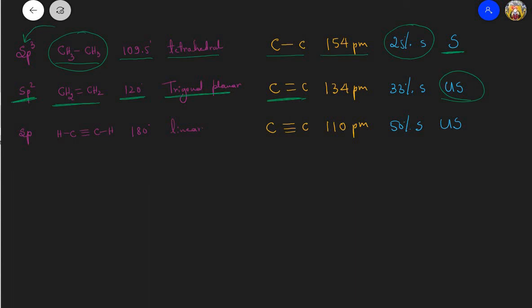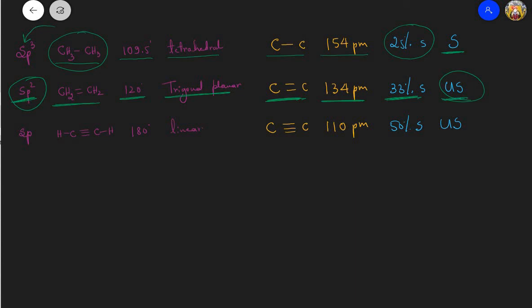One is a sigma bond, the other is a pi bond, and the bond length between carbons of sp2 hybridization is 134 picometer or 1.34 angstrom. The percentage of s character in sp2 hybridized orbital will be 33.3 percent, or 33%. And the compound is an unsaturated compound.